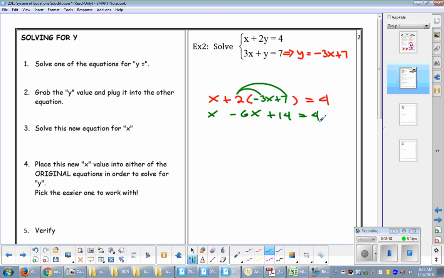Then x minus 6x is negative 5x plus 14 equals 4. Subtract 14 on both sides. I get negative 5x equal to negative 10.